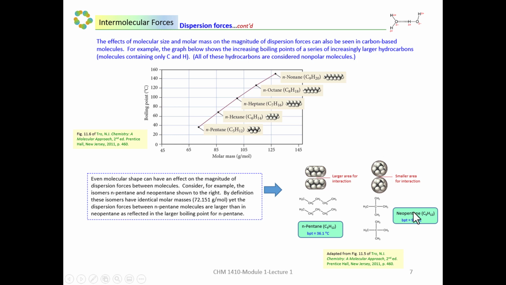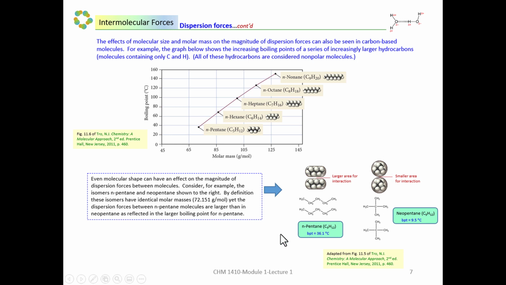And it's not because n-pentane is any heavier. Its molar mass is exactly the same as the molar mass of neopentane. The difference between these boiling points, which is significant, 36.1 degrees versus 9.5, is simply because of the difference in molecular shape between the two isomers.